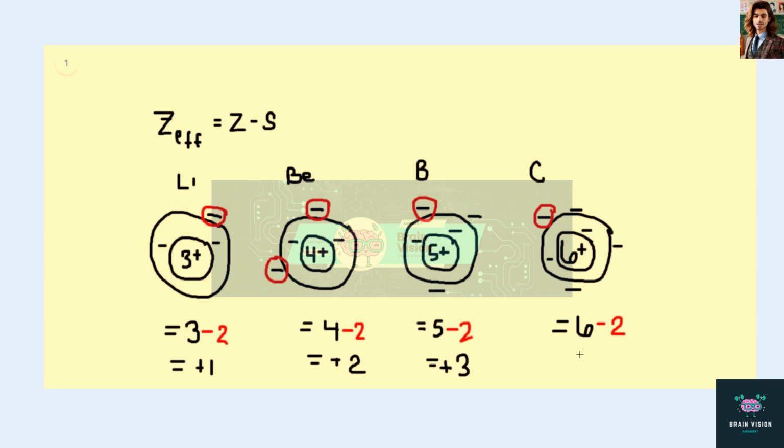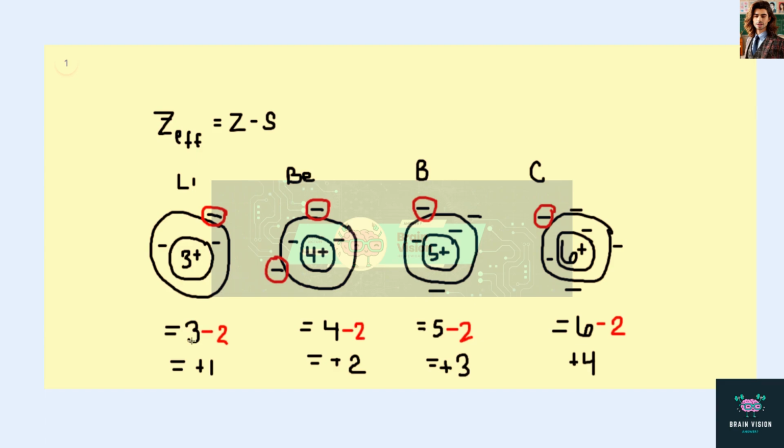And the net for carbon becomes +4. So as this electron tries to feel this positive charge, it is shielded by electrons on the inside, the core electrons, causing the net or effective nuclear charge to be less than the actual nuclear charge of the nucleus. This influences the radius or the size of the atom.